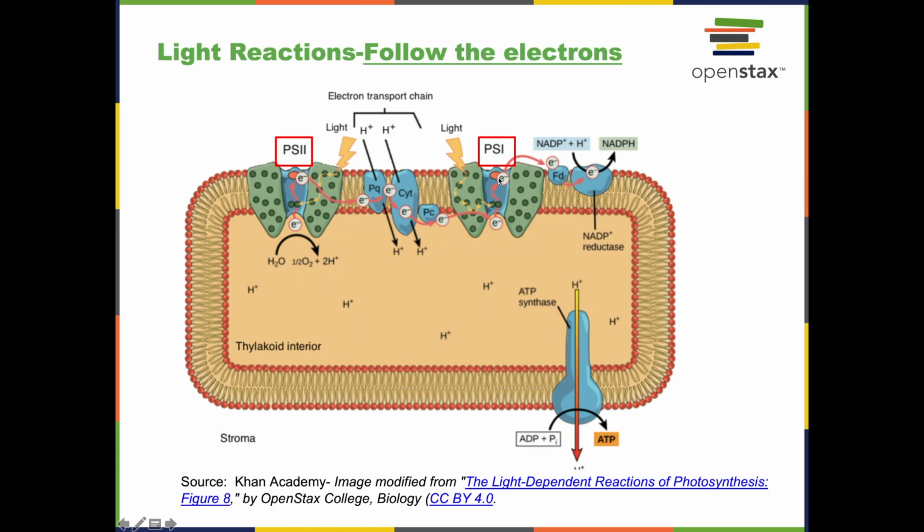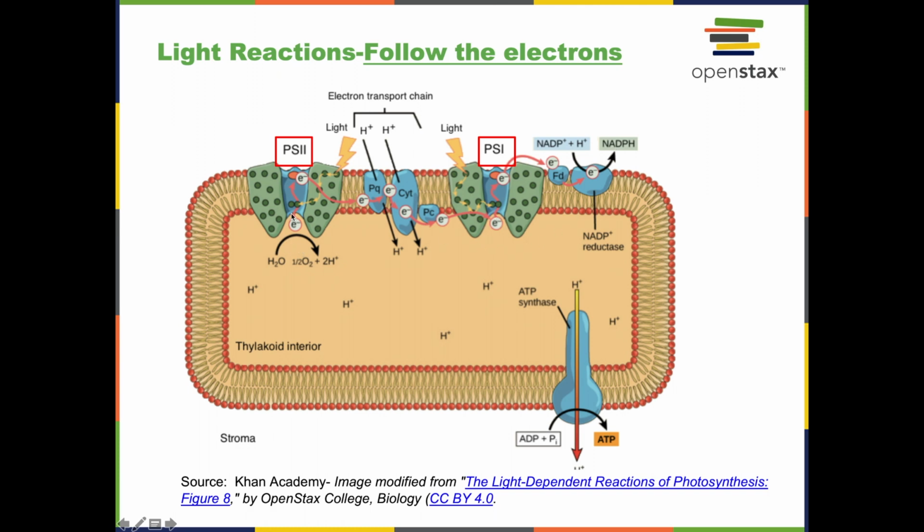Okay, so what happens to this electron once it's captured? It's transferred to a couple of other molecules that now give this electron to NADP+, which is an electron acceptor, and make NADPH.